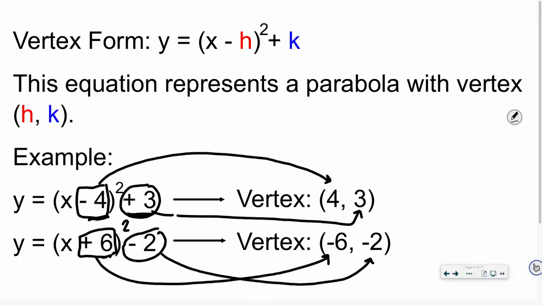We take our axis of symmetry, we substitute it in to get the y value, time consuming. Or you could just have your equation in that format, look at the numbers, your vertex is 4, 3. Your vertex is negative 6, negative 2. The way that we put an equation into vertex form is by completing the square. So that's what we're going to focus on today.